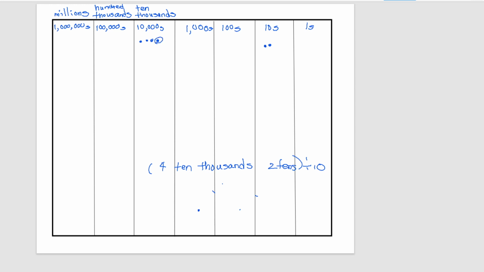So we're going to take one 10,000 and we're going to break it into 1,000s. And the next 10,000 and break it into 1,000s. And the next one and break it into 1,000s. And the final.